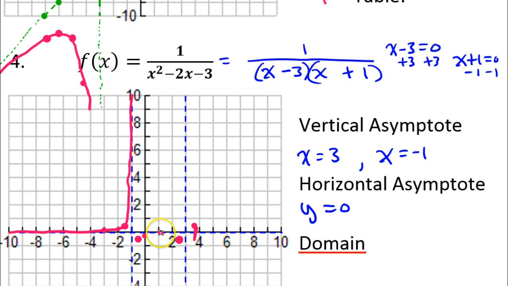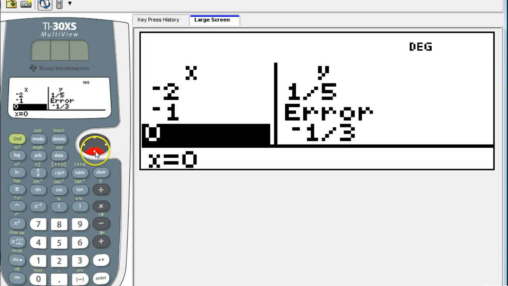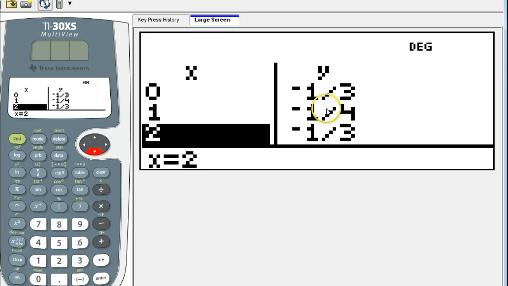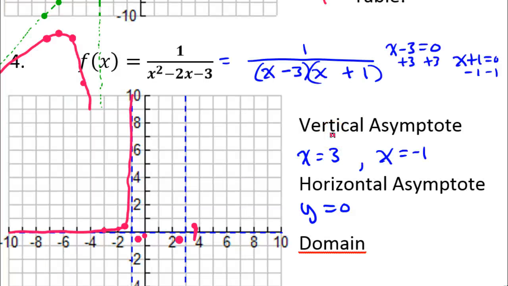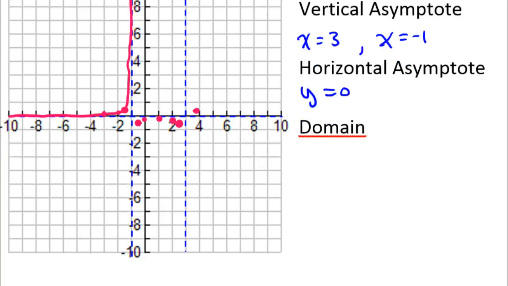Okay, what about at 1? I'm at -1/4, which is a little closer to 0, and then back to -1/3 again. Okay, so I'm really close. So you can see it's just making a small little arc right here with these values.